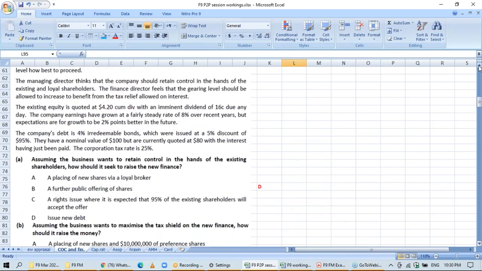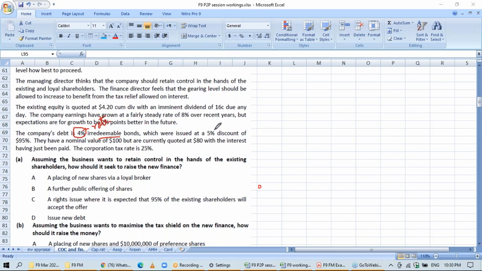Over here, they tell us they have issued an irredeemable bond, and the interest rate is 4% on it. Irredeemable means that the bond will not be redeemed until the dissolution. It will remain outstanding forever, till perpetuity.